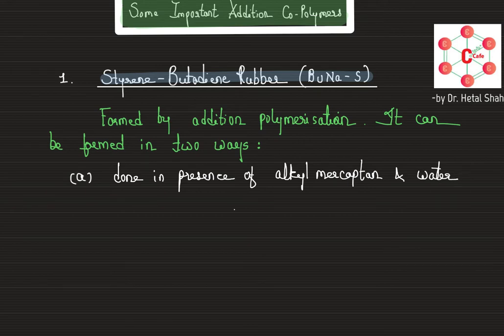So this reaction is done under aqueous conditions in presence of alkyl mercaptan. Alkyl mercaptan would act as a catalyst for a free radical addition reaction to occur. So here free radical addition reaction occurs.